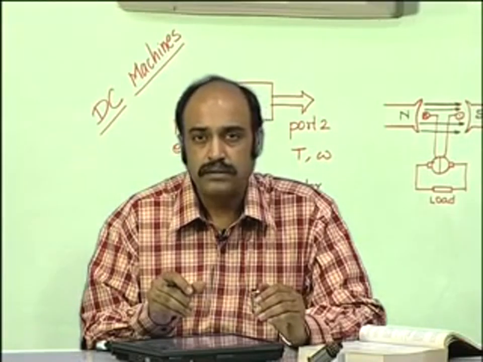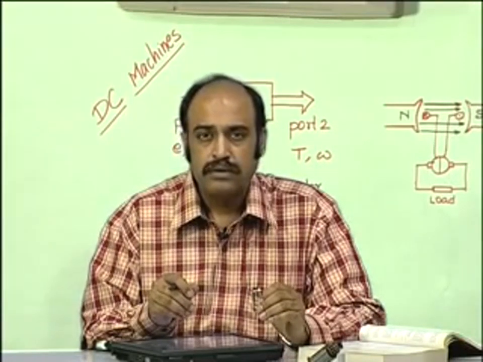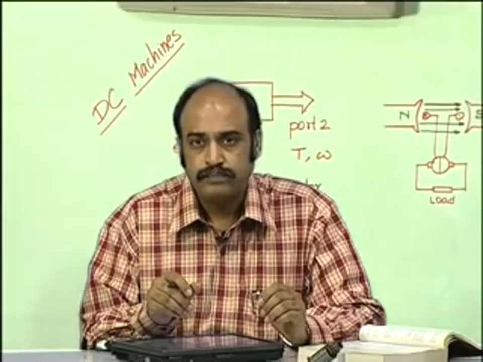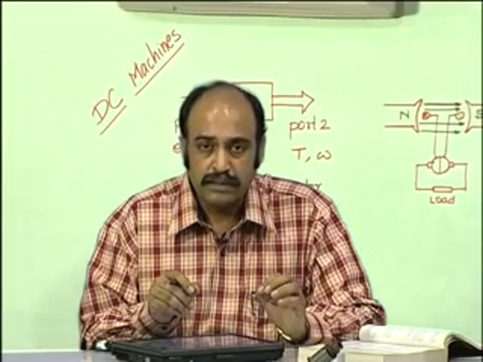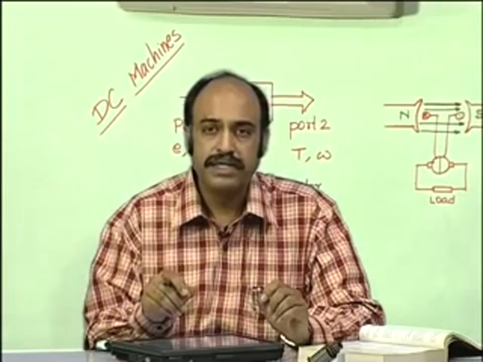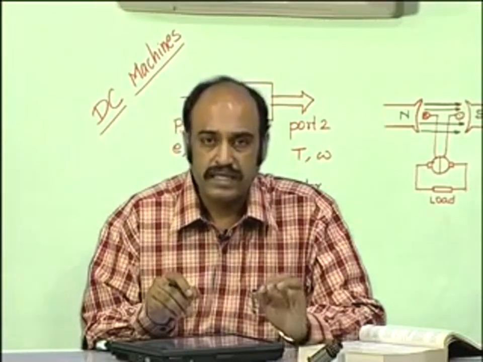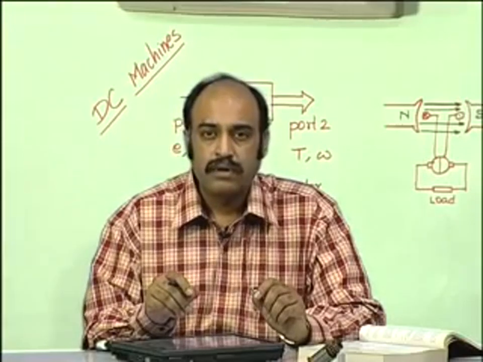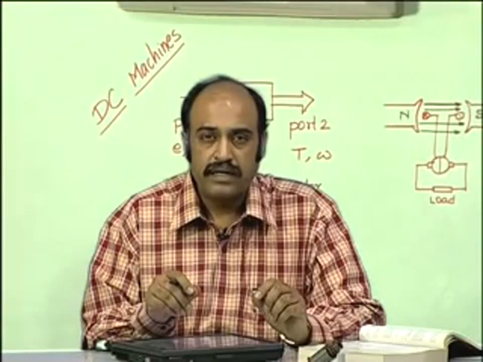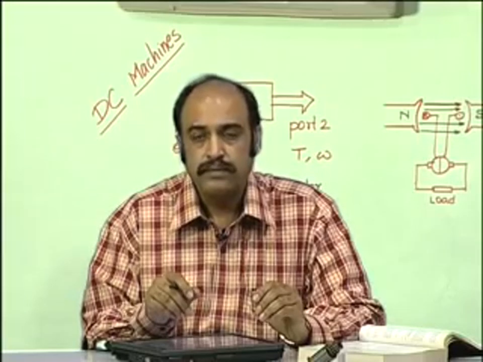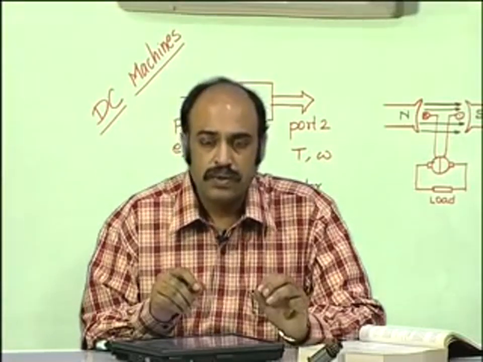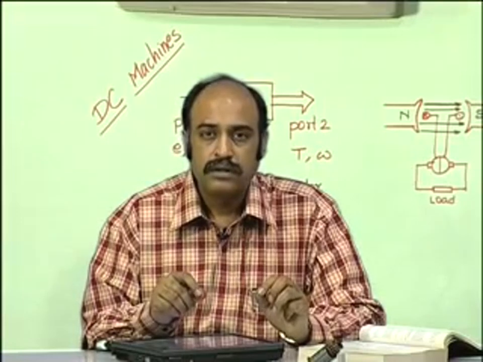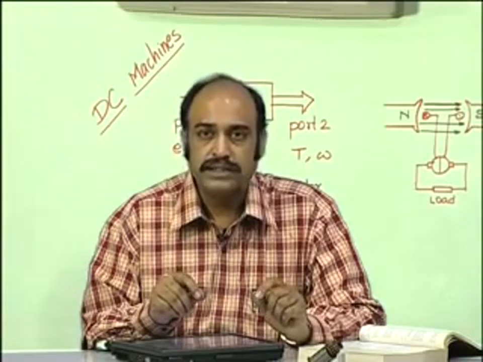In this session, I would like to point out that the operation principle of the DC machine is quite simple actually, and the number of coils, the number of slots are increased so that you get a twofold advantage.